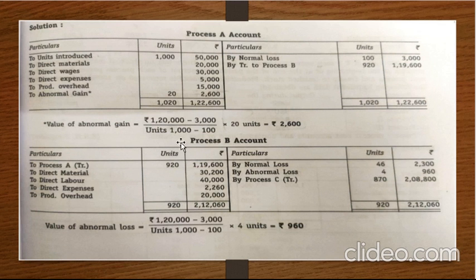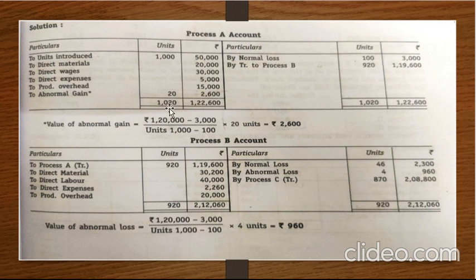Units introduced is 1,000 units, and normal loss is 100 units. So 1,20,000 minus 3,000 gives 1,17,000, divided by 1,000 minus 100, which is 900, gives you 130. It is rupees 130 per unit.